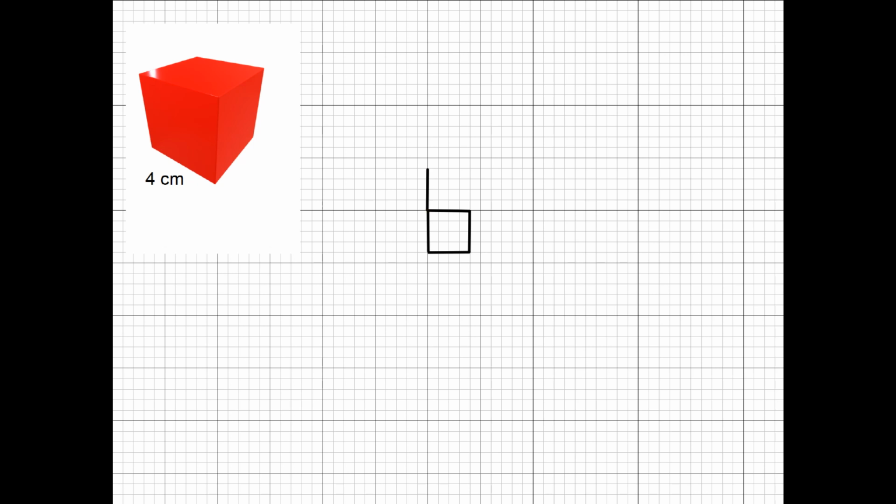And then it will be the same for the other faces. And again, this is because the cube has side length 4 centimeters.